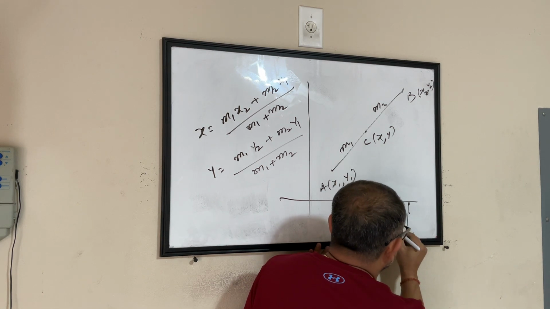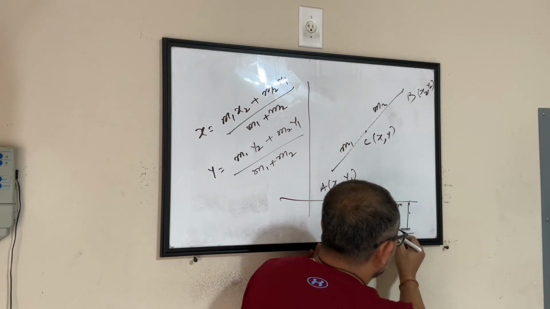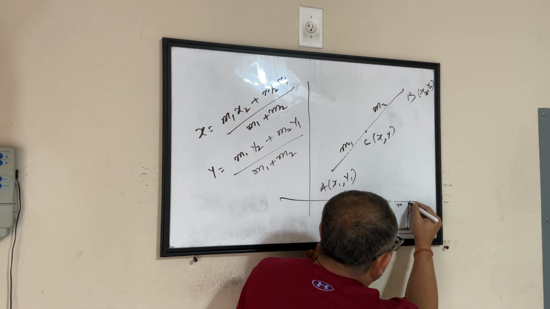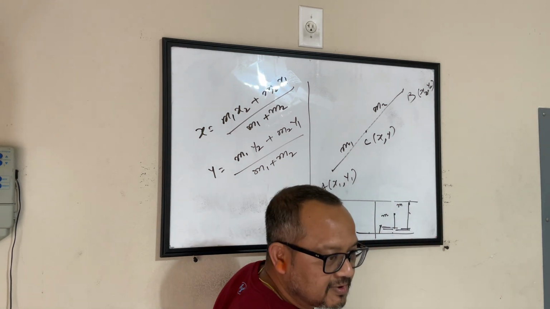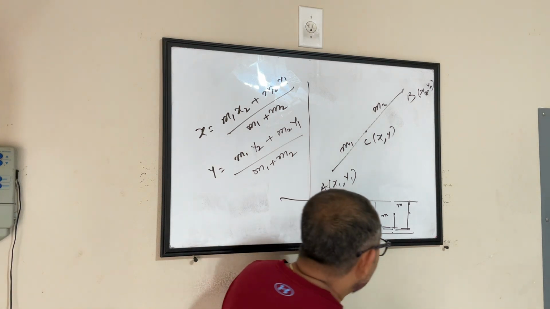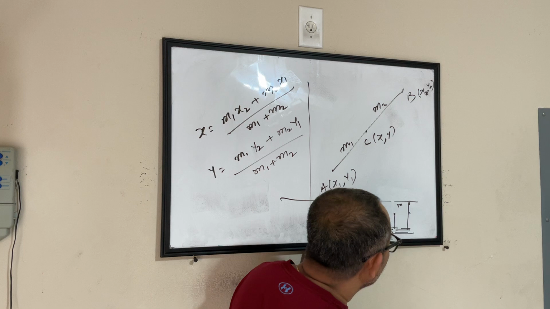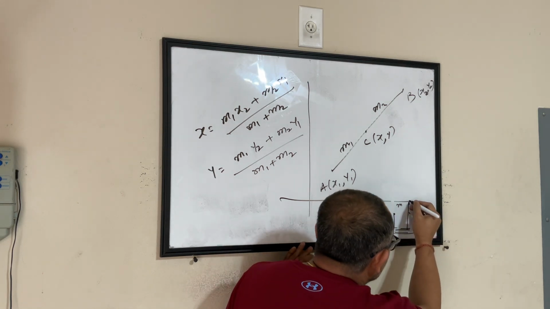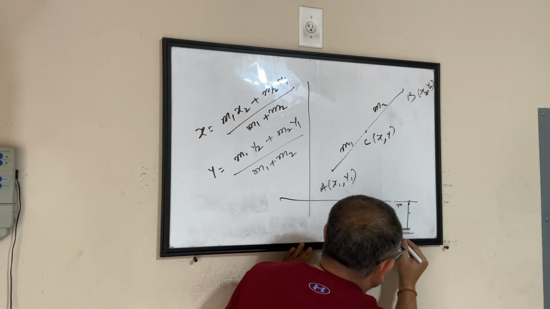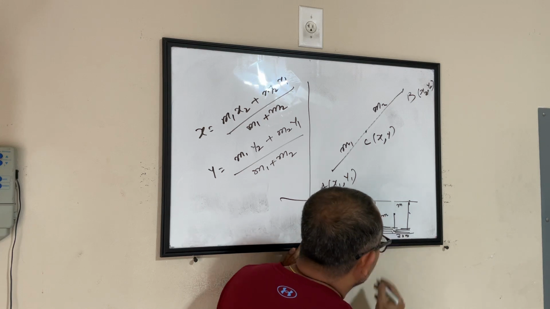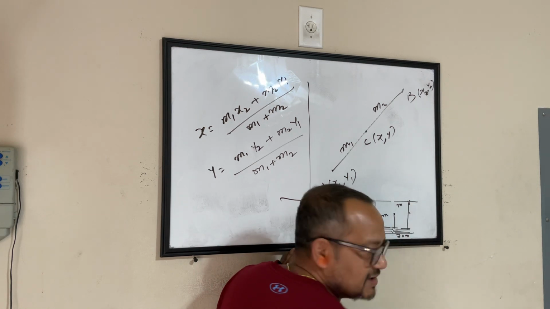Let's say you have a friend standing on the roof of this building. What is the tallest building where your friend can stand, which is 30 meters away from this building, where a boy standing here can see this top?